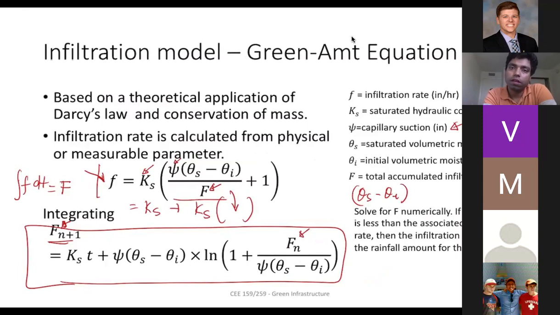So for our project, if we wanted to use the Green-Ampt equation because it had multiple soil types, could we run that model multiple times and then take the average if we wanted to do the average for our site? Well, you have to think of how this is related to your site.